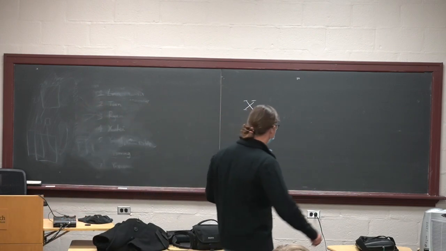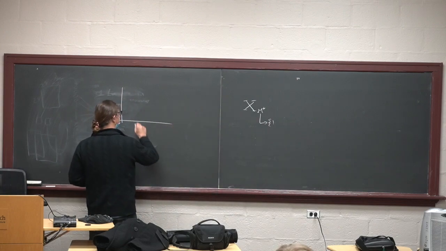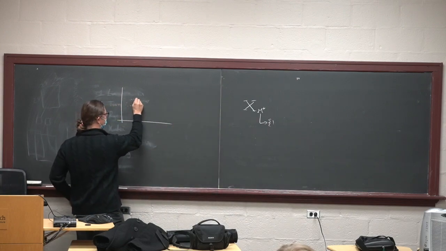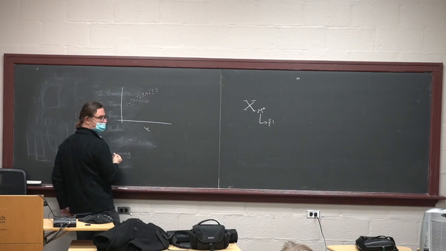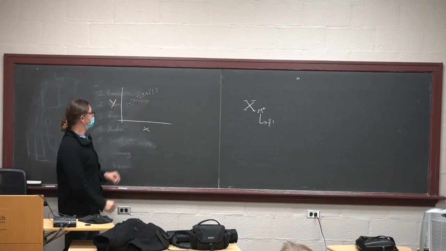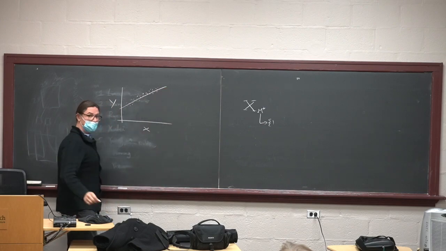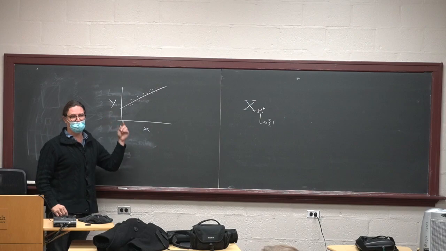So even if you had some data that looked like this, so there's just one x and one y, and that fit is pretty good, is what I'm trying to draw. There is a line that goes through it.